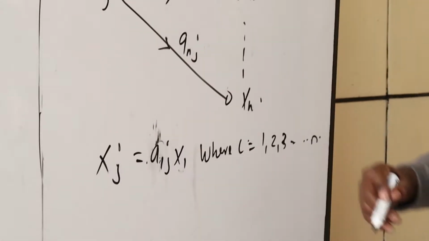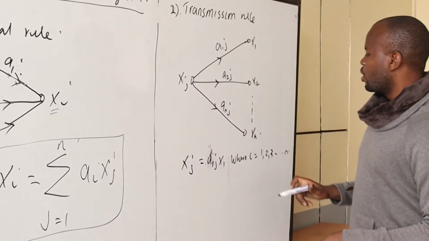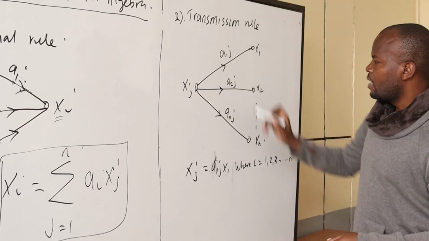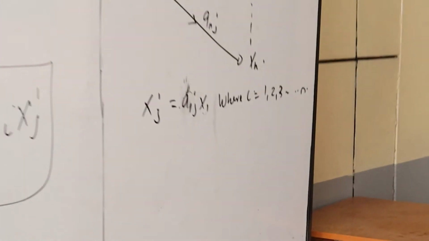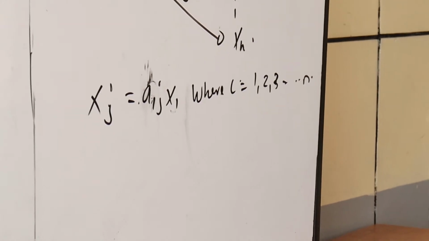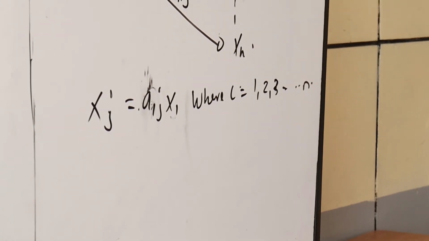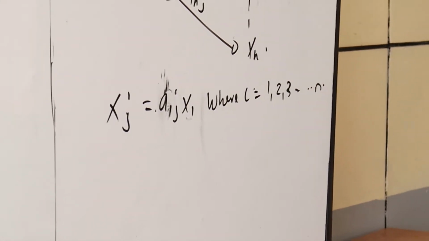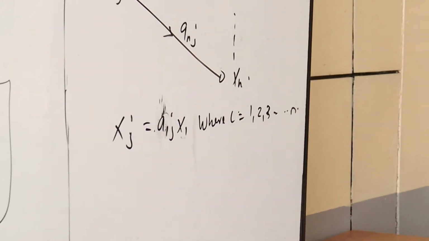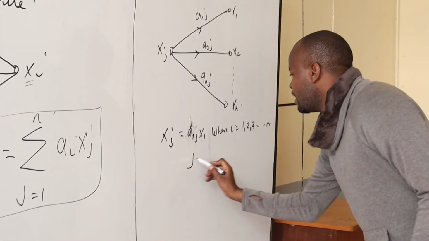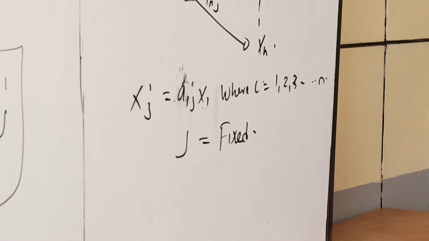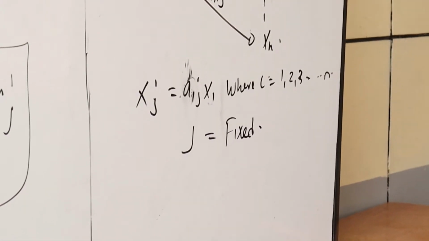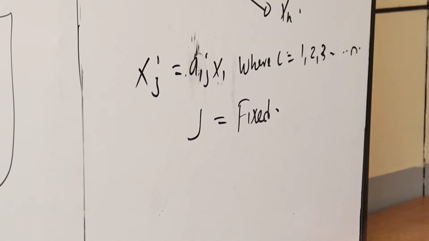What we mean is that xj will always be in every transmission function. Therefore, it is that signal that is leaving that particular branch. In this case, we should know that j is fixed. That is what we refer to as the transmission rule.